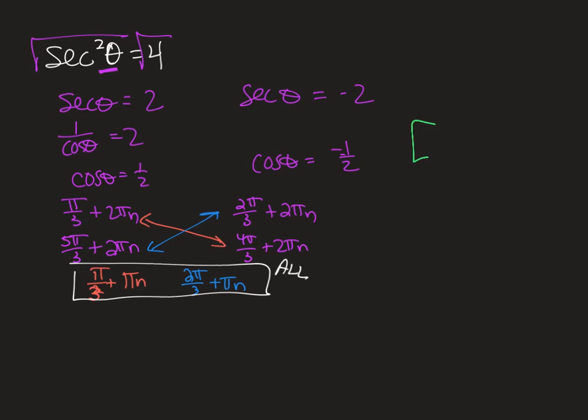So we've got 0 to 2 pi, right? And so again, you start with your first angle and then you're going to start adding 1. So pi over 3, so basically 1/3 plus 1 is going to be 4 pi over 3.